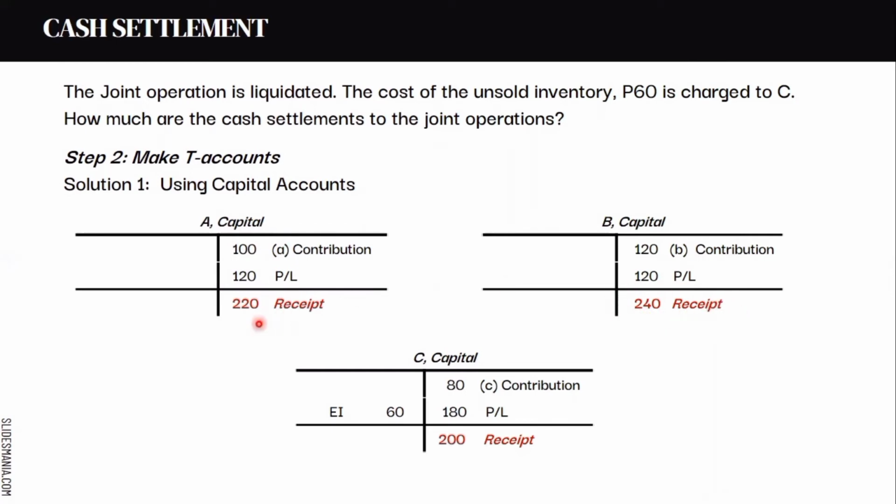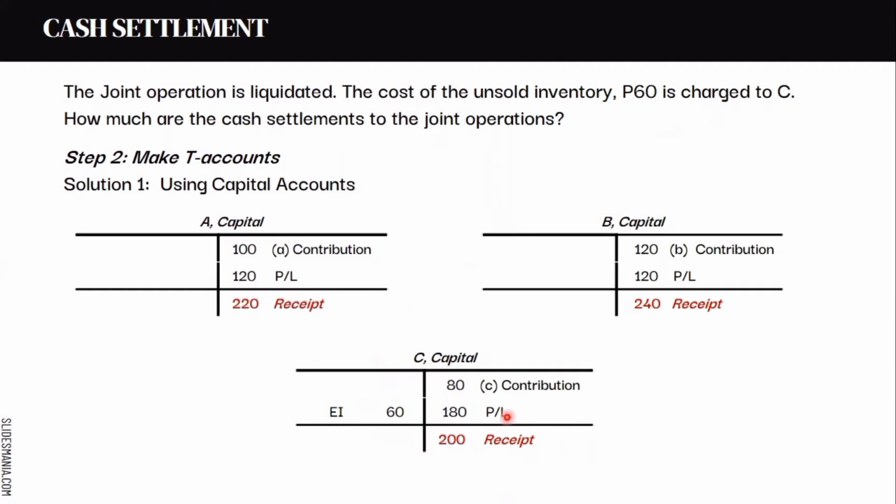That is the money they will receive. As for C, he has a contribution of 80 pesos cash in the joint operation, and then 180 as his share in profit, and then 60 ending inventory. Because it says here that the cost of the unsold inventory, 60 pesos, is charged to C. So 60 pesos is charged to C. That is why he has a cash receipt of 200 pesos.